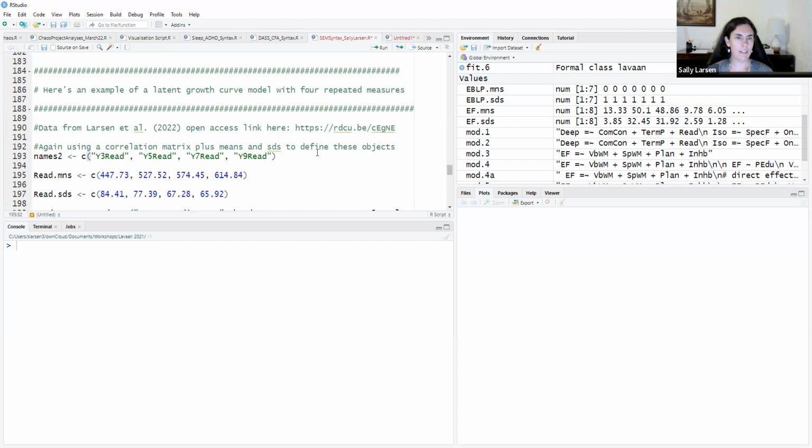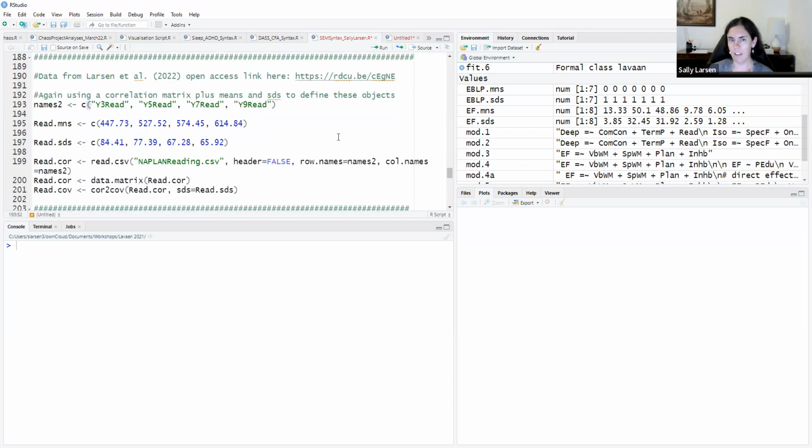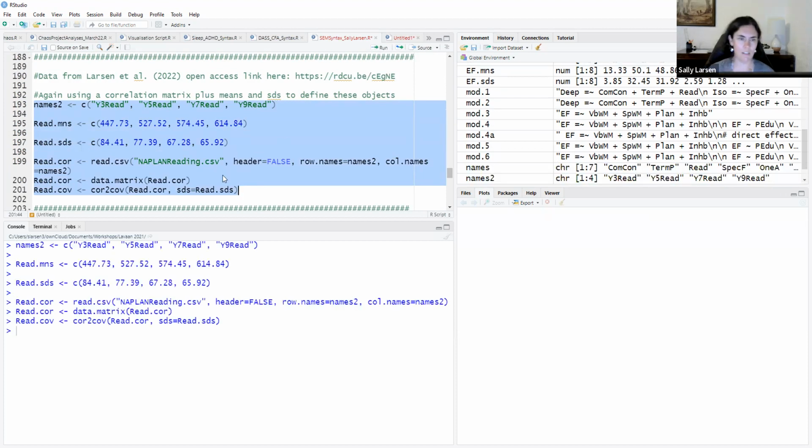It's like somebody designed NAPLAN so that you could run latent growth curve models. I've been surprised to note that not very many people are doing it. I think more people should, because there are loads of interesting research questions we can answer about achievement and developmental patterns of reading growth and so on with NAPLAN data.